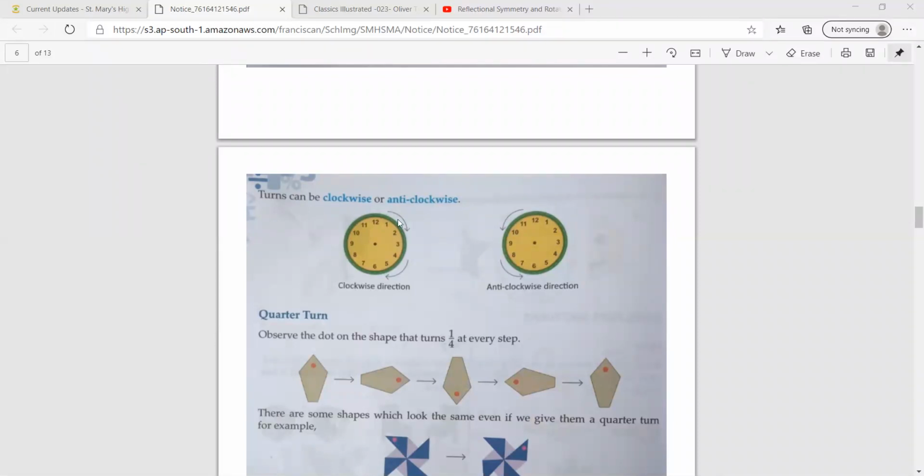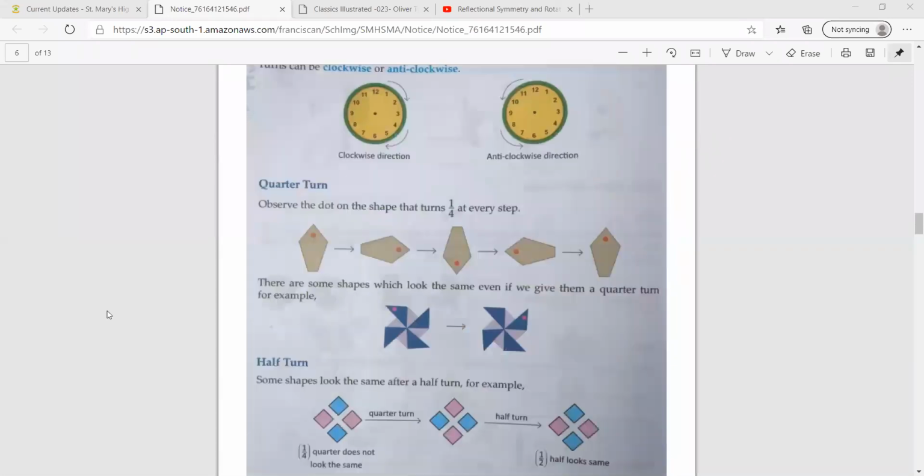So this movement is called clockwise direction. And here this is anti-clockwise, opposite of how the hands move. Okay, so if the direction is like this, it is called anti-clockwise.